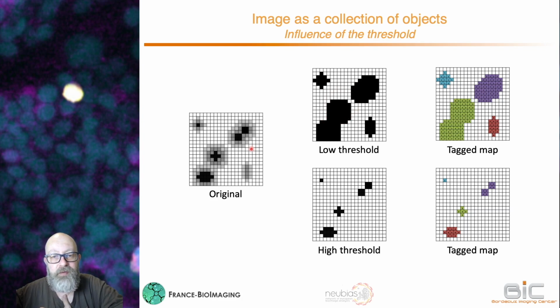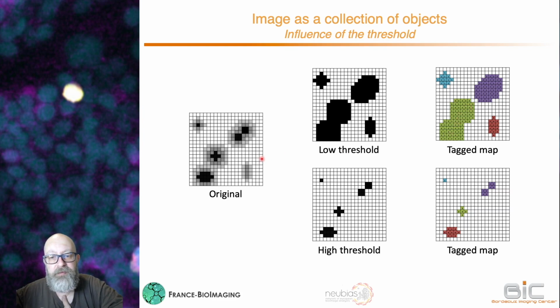So, of course, those two groups that you could say, well, these are two objects, won't be separated if the threshold is too low, meaning that you will have on the tag map only one object.